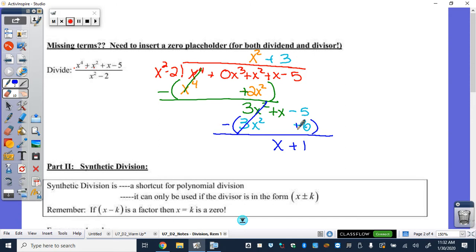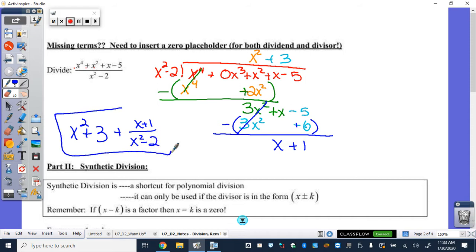No, I can't do that. So my remainder is actually going to be a binomial this time. So it's going to be x squared plus 3 plus the x plus 1 over x squared minus 2. So whatever you're dividing by, you go as far as you can possibly go. Everything else is your remainder if there's anything left.